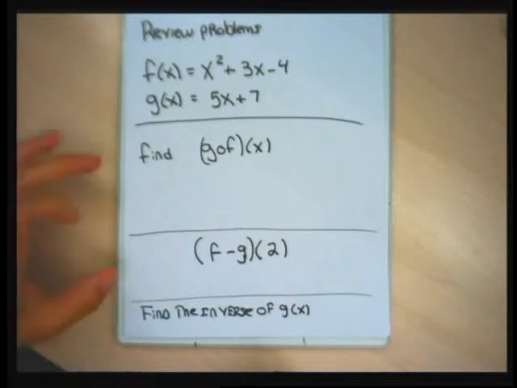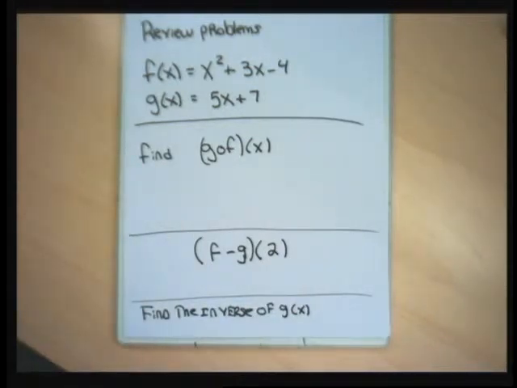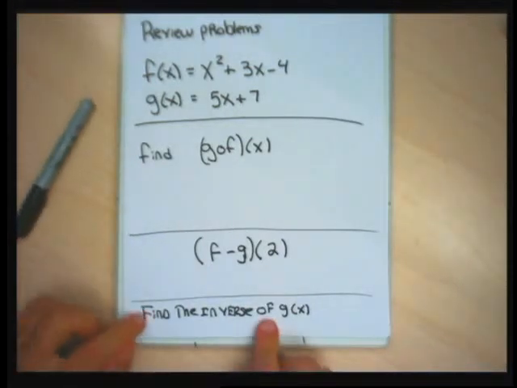So three problems. The first two problems were the kinds of problems we saw in section 6.1. The third problem is the kind of problem we saw in 6.2.